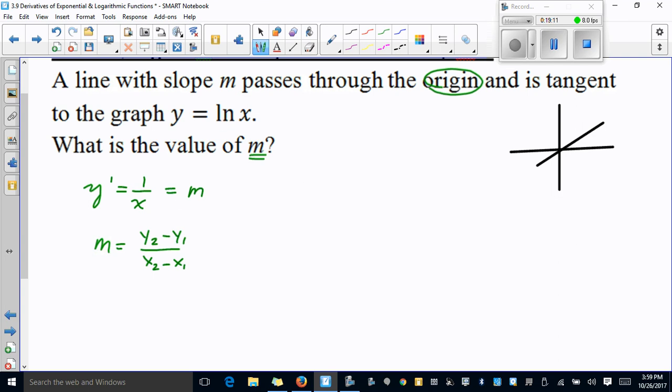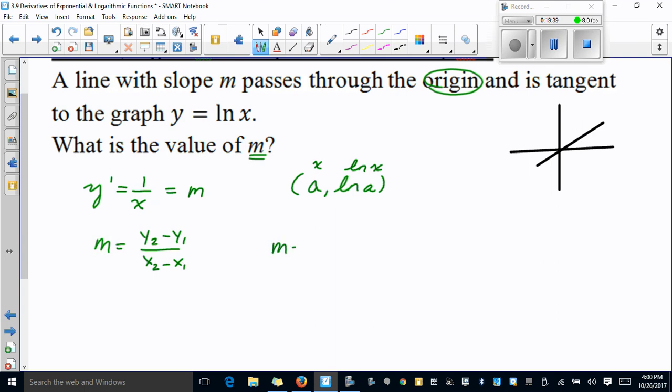But we can use the same idea here. If we have x, then this is going to be natural log of x. So really we kind of already have information here. Because for m, my y value is natural log of x minus 0 over x minus 0. I know, you guys go, really? Okay.